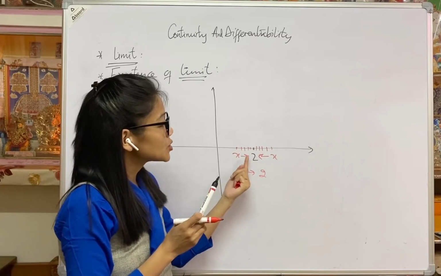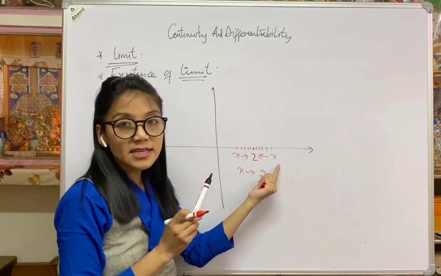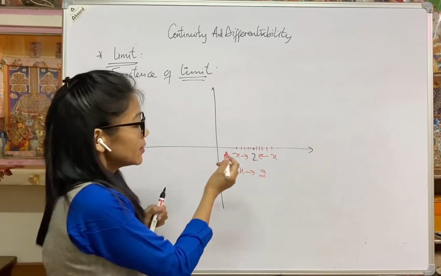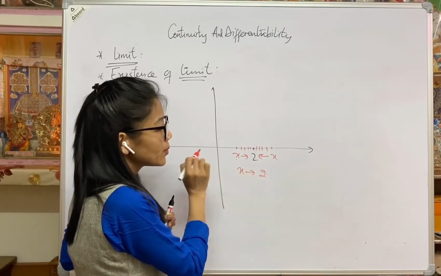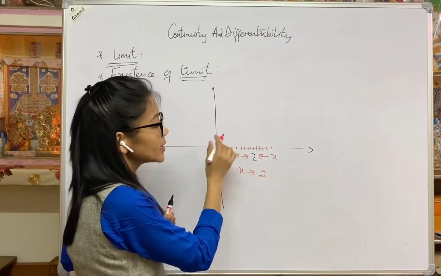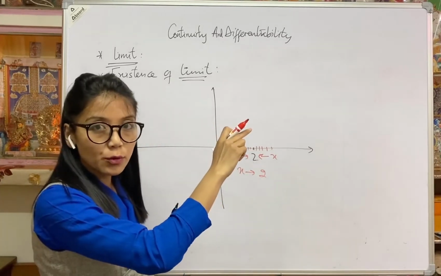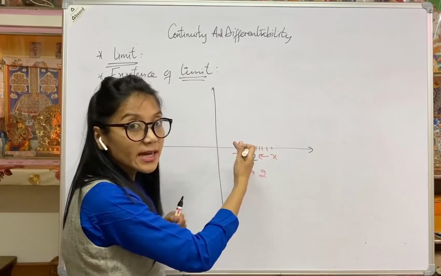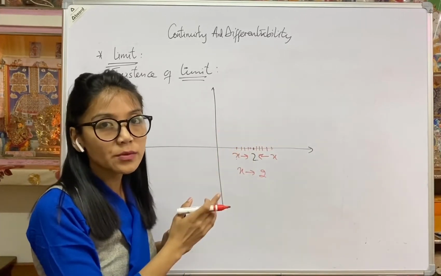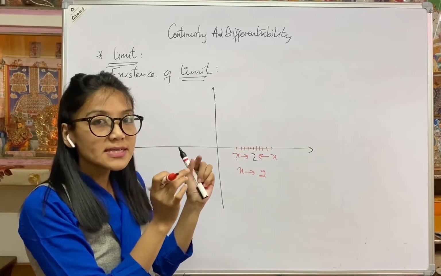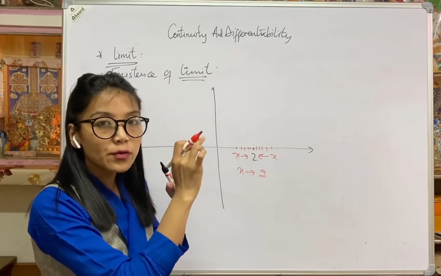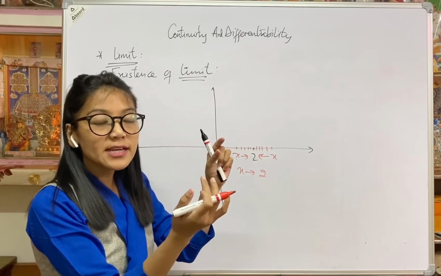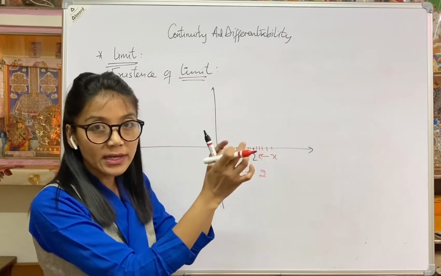So x can tend towards 2 from the left hand side as well as from the right hand side, right? When x is tending towards 2 from the left hand side, your f of x will tend towards a certain point. Similarly, when x is tending towards 2 from the right hand side, your f of x will also tend towards a certain point. So when x is tending towards 2 from the left hand side, you get one limit, and when x is tending towards 2 from the right hand side, you get one limit.